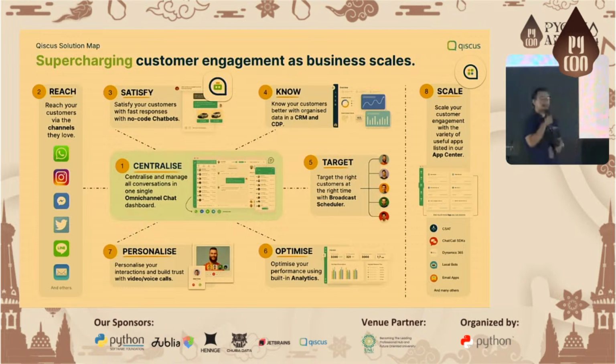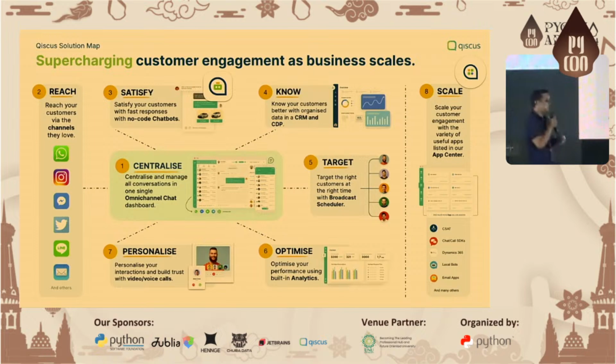Not only that, we can improve and enhance our product based on the requirements of our clients. We can satisfy our customers with fast responses with a no-code chatbot. We have Kiskas Robots here, and then we can expand more. We organize data with customer relationship management or a customer data platform, and then we can target the right customer at the right time with the broadcast scheduler, and optimize with the analytics.